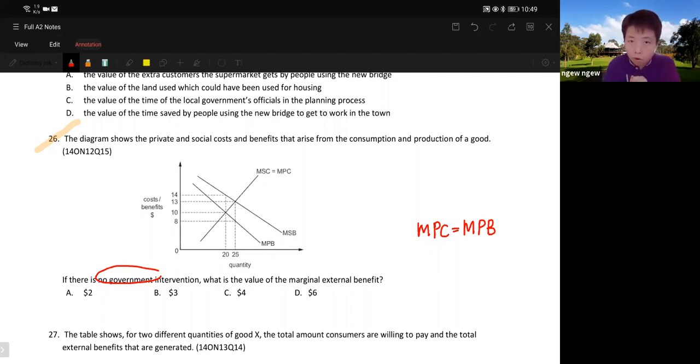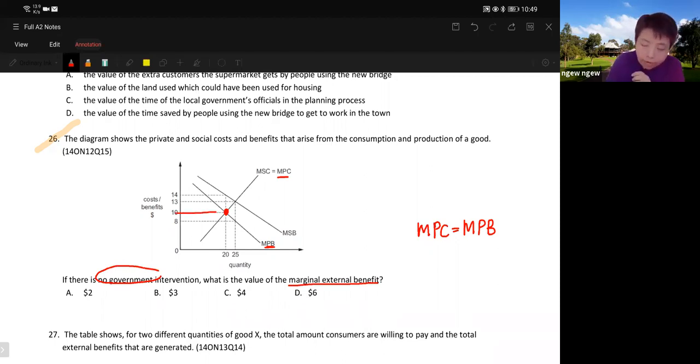So we find out which one is MPB equals MPC, the intersection point here. And they want the value of marginal external benefit. At this level, the marginal private benefit to the consumer is 10.